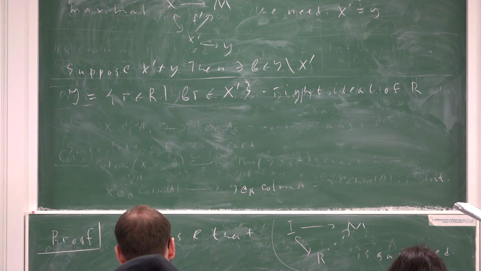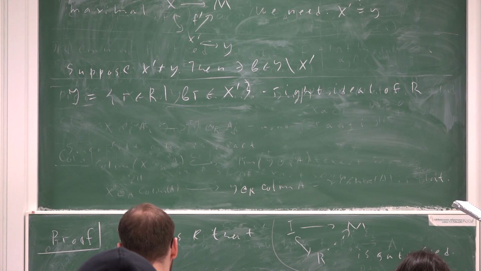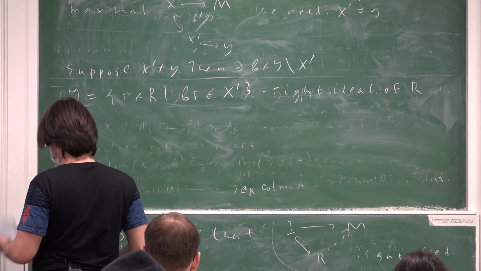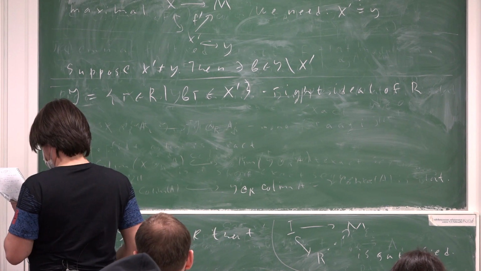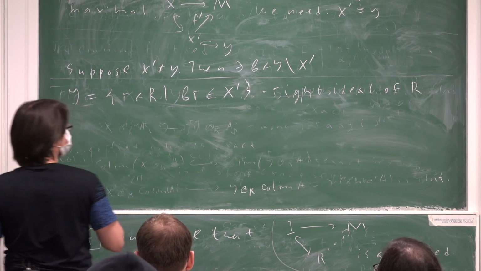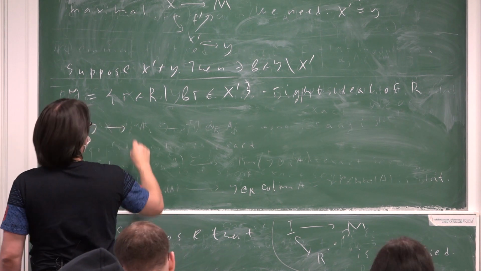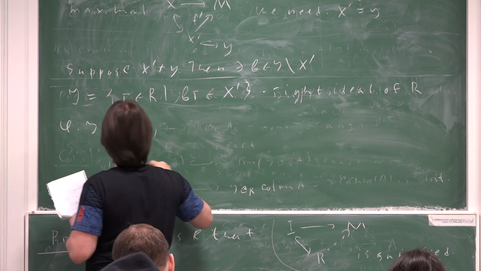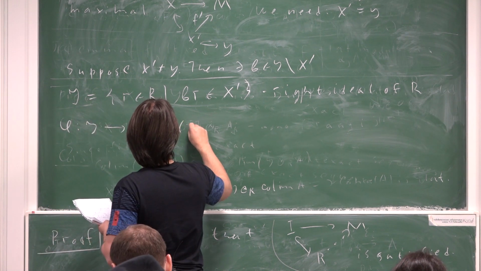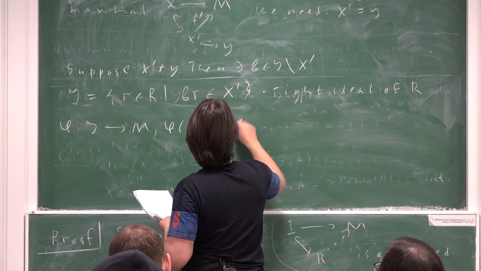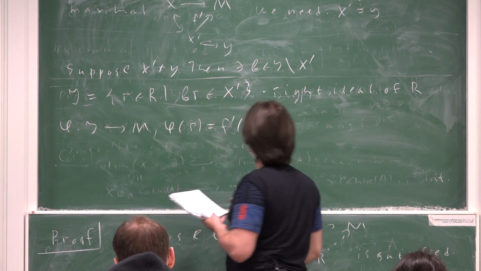So we can construct a map. I don't know how it's called. It's called phi prime from J to M, defined by the equality phi prime of r equals f prime of br. Yes.